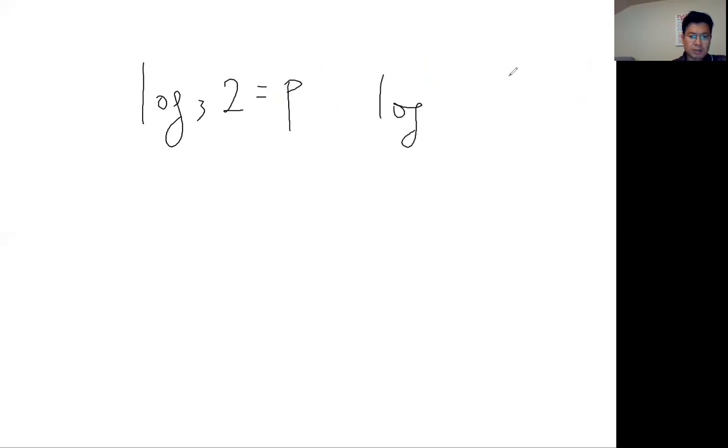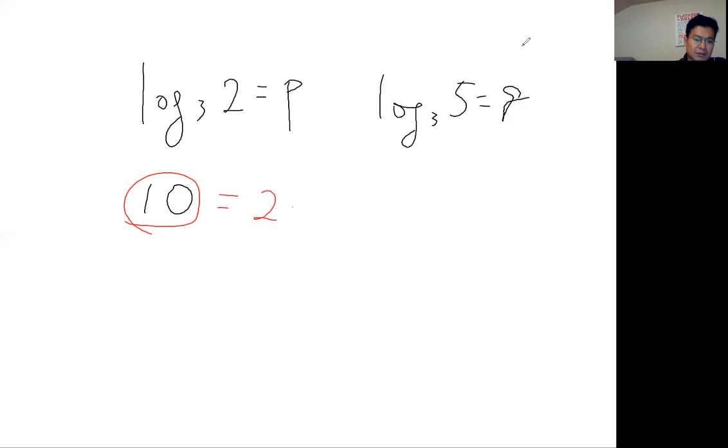Next question. Log base 3 of 2 is p. And log base 3 of 5 is q. And then the question is asking you about 10. If you look at the question closely, what we can relate to is 10 equals 2 times 5. Oh, 2 is here, 5 is here.